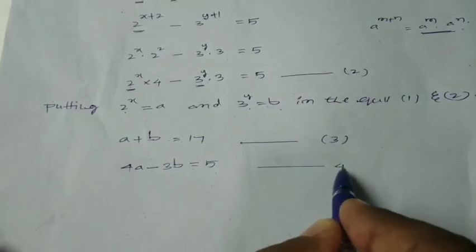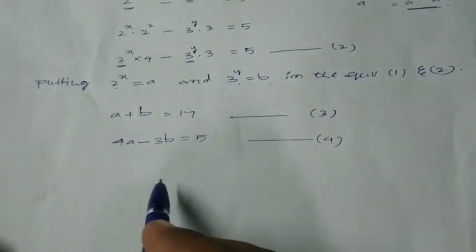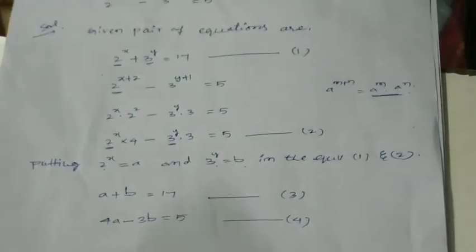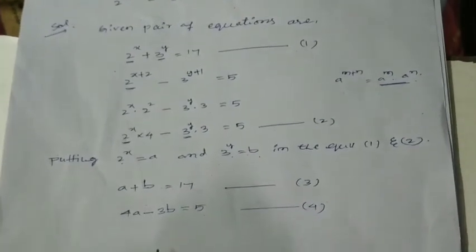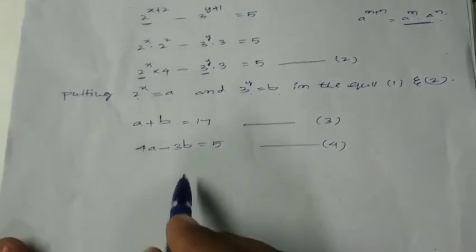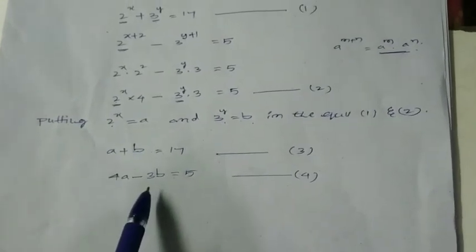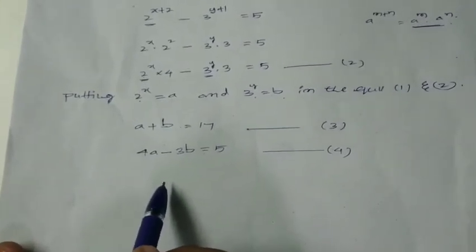It is equation 4. So these two are pair of linear equations in two variables a and b. By solving these two equations, we'll get the values of a and b.